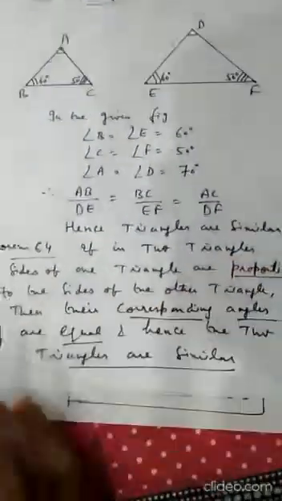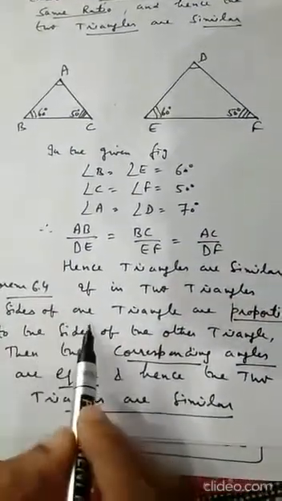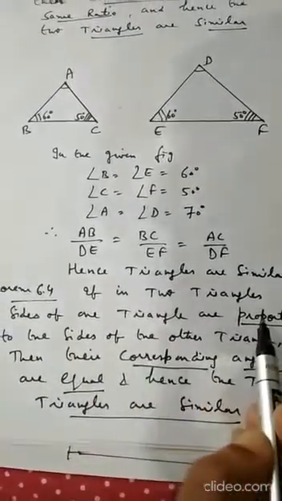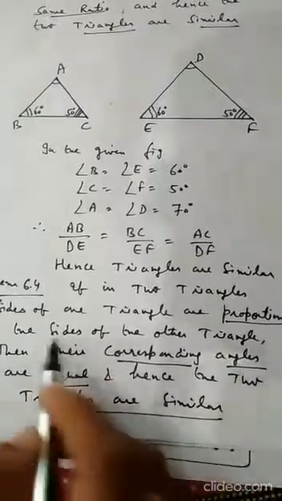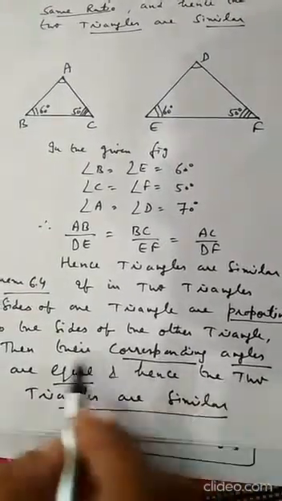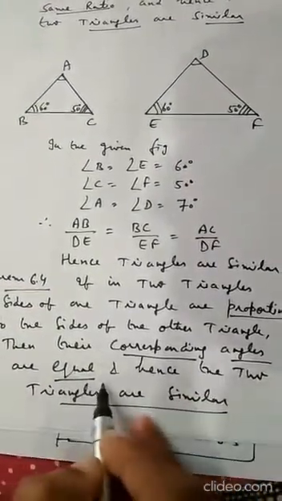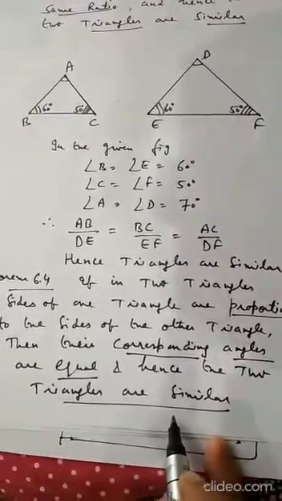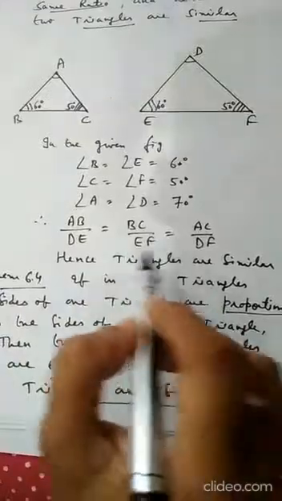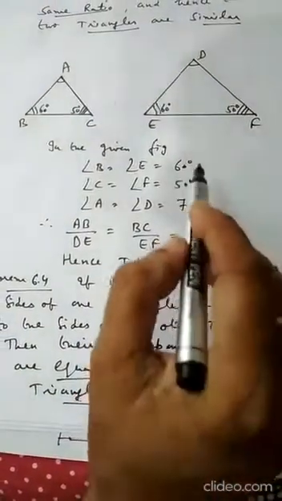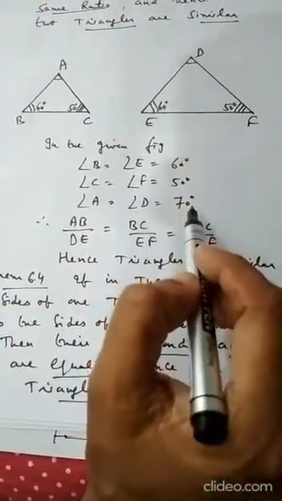And its converse is also true, theorem 6.4: if in two triangles, the sides of one triangle are proportional to the sides of the other triangle, then the corresponding angles are equal and hence the two triangles are similar. If corresponding sides are in the same ratio, then no need to measure the corresponding angles.